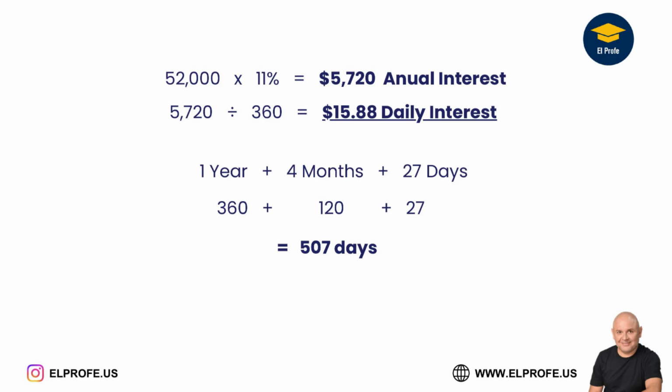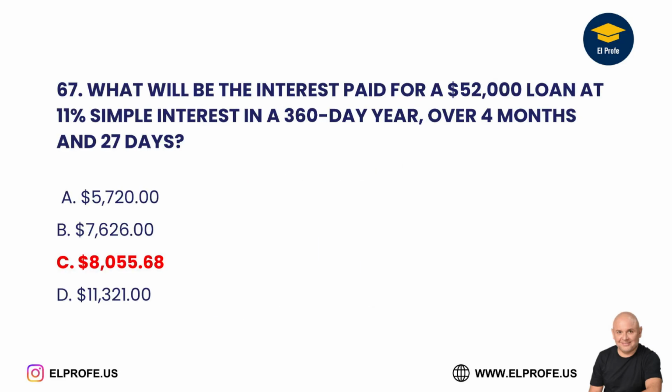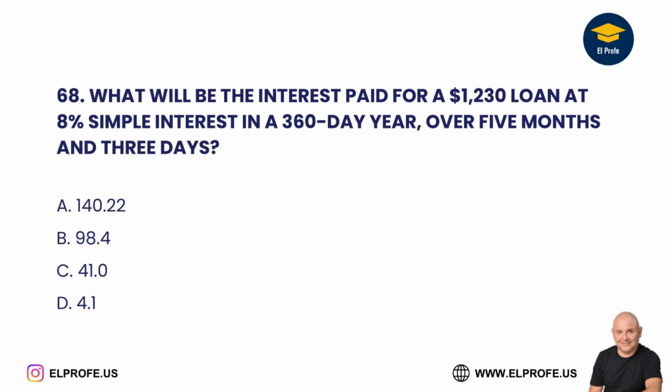And now I multiply 507 days by $15.88. The result is $8,055.68. Letter C.